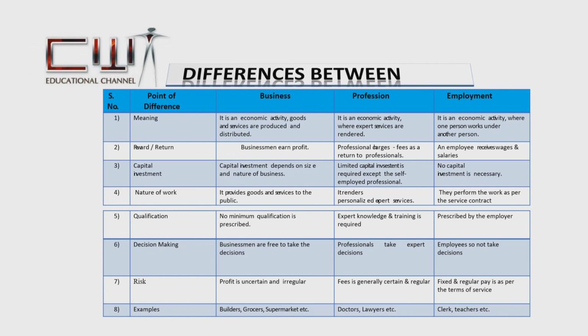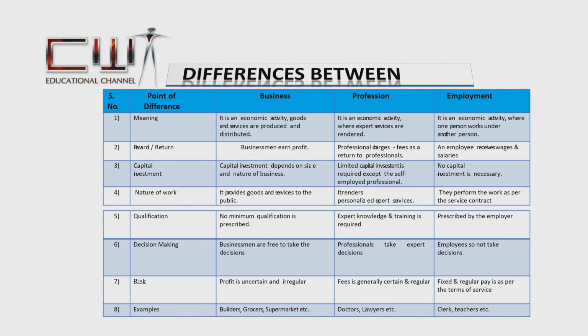Under business, it provides goods and services to the public. Under profession, the professional provides personalized expert services to the public. Under employment, the employees perform the work as per their service contract. In business, no minimum qualification is prescribed. Under profession, expert knowledge and training is required.